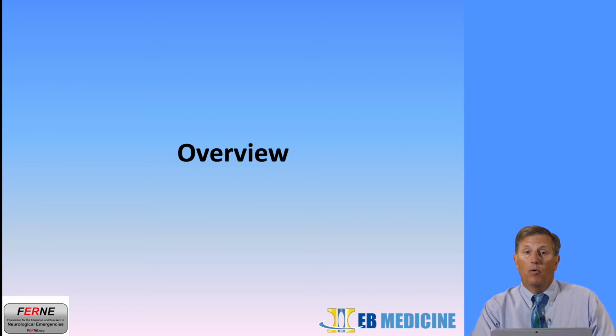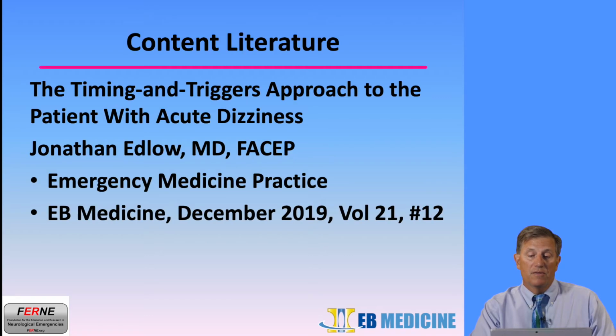Our overview is as follows. The content literature that provided the basis for this lecture comes from the monograph, The Timing and Triggers Approach to the Patients with Acute Dizziness. This was written by Jonathan Edlow, who is an emergency physician.